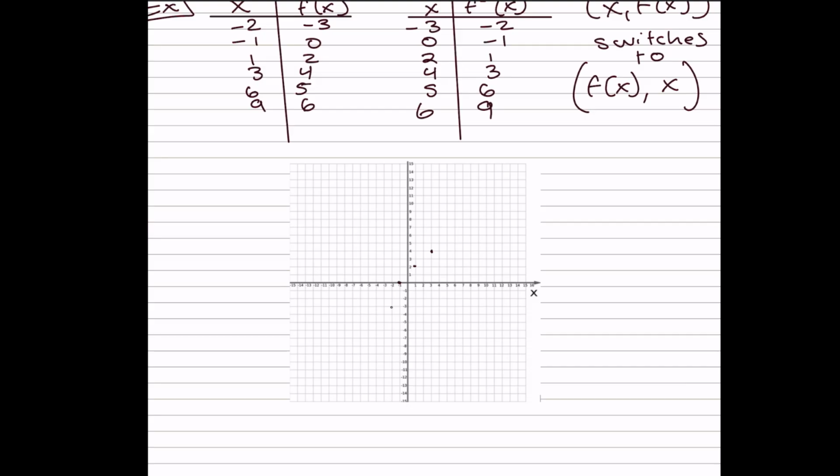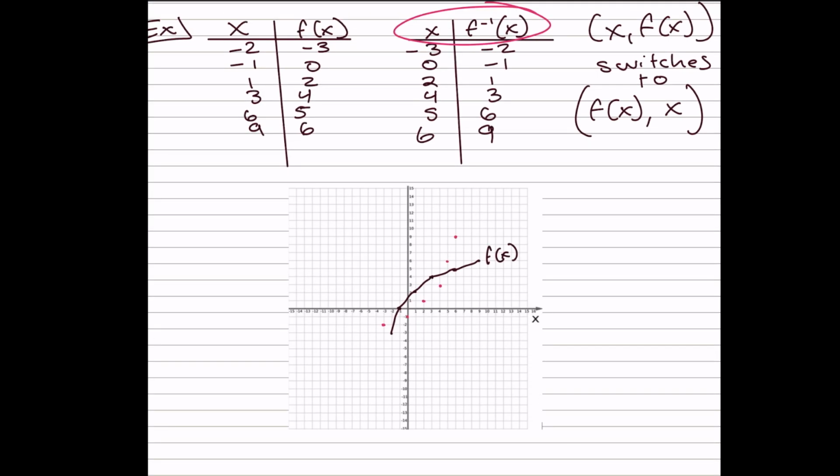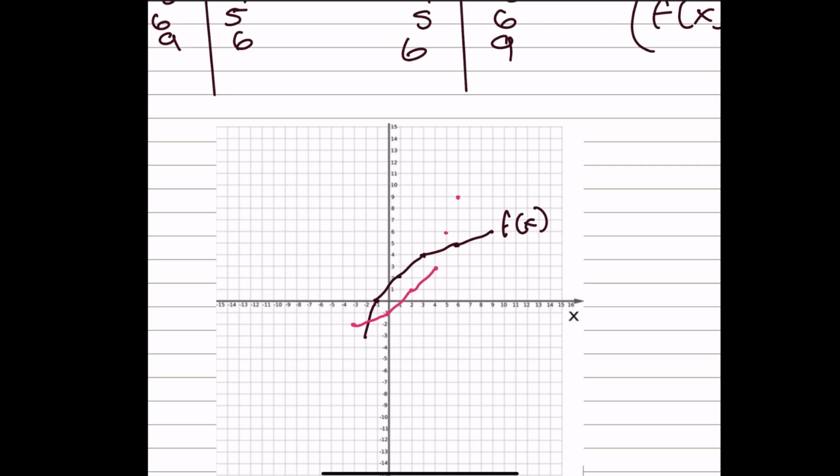So now let's plot these points. So let's start with the original function. We're just going to plot all those points, and then we're going to connect them. This won't be a straight line. It kind of curves. Then we're going to plot the inverse function.